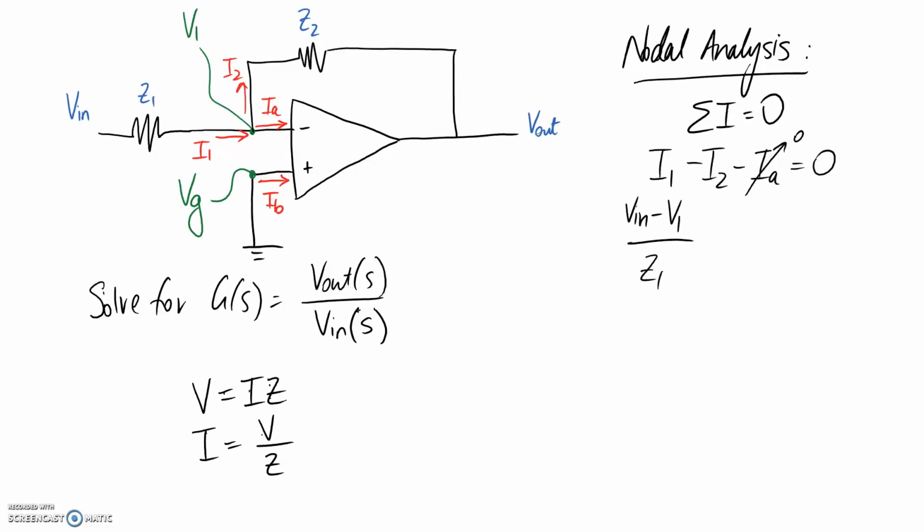Alright, so now let's go ahead and look at I2. Okay, so the voltage drop across this component is going to be what we started at, which is V1, minus what we end up at, which is V out, and it gets divided by the impedance, which is just Z2. There's a minus in here which gets carried down, and it's equal to 0.